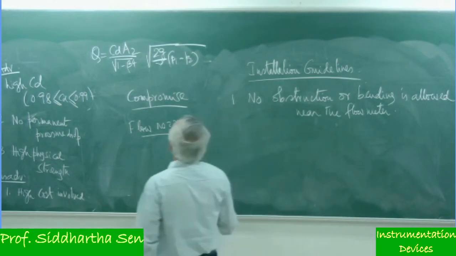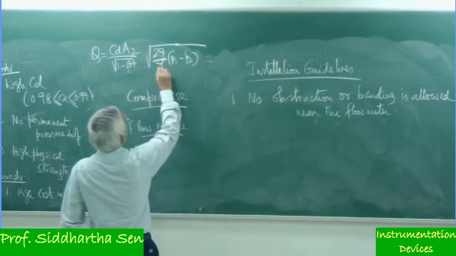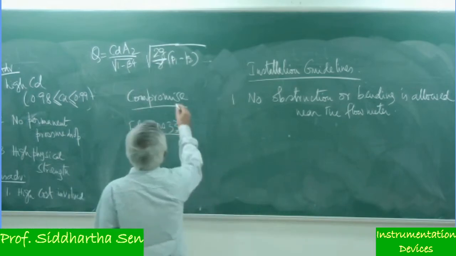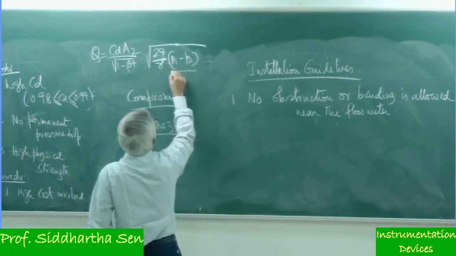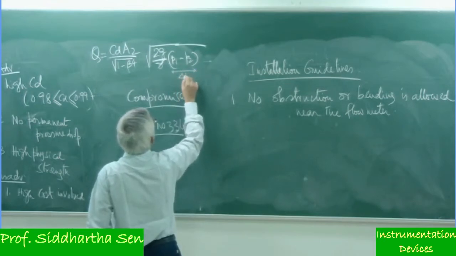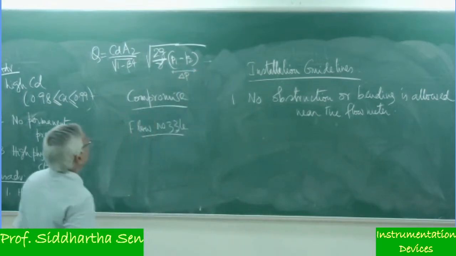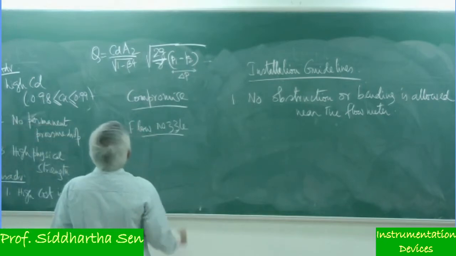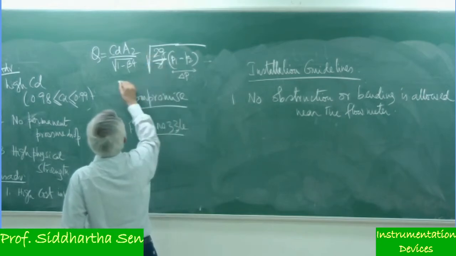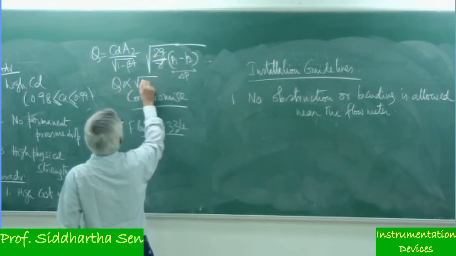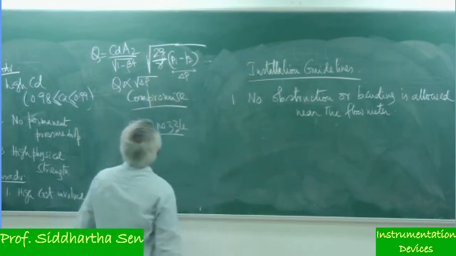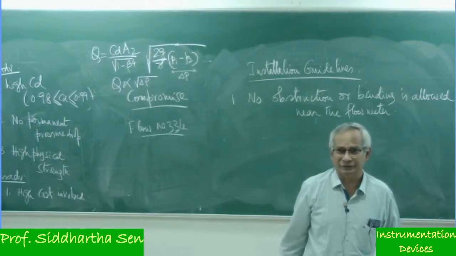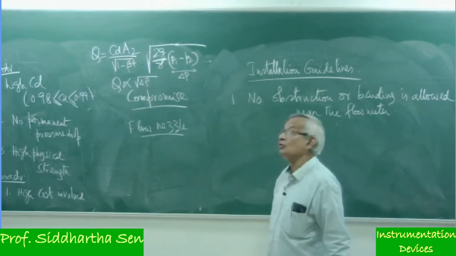Another important thing, which is always a headache for us, is that we need to measure the pressure difference P1 minus P2, that is delta P. But the flow rate is related to the square root of the pressure difference.